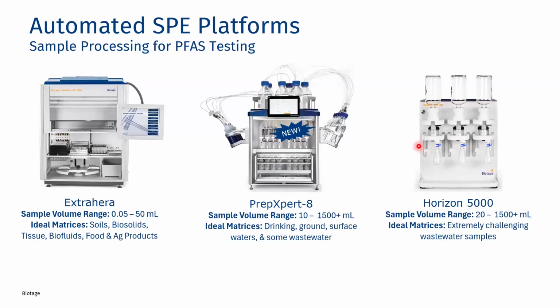So if we look at the automated SPE platforms for sample processing, we have the Biotage Extrahera to the left. We have the newest edition, which is the Biotage Prep Expert 8. And then to the right, we have the Horizon 5000. All of these automated systems have their own unique features that allow them to be utilized for different sample matrices and volumes.